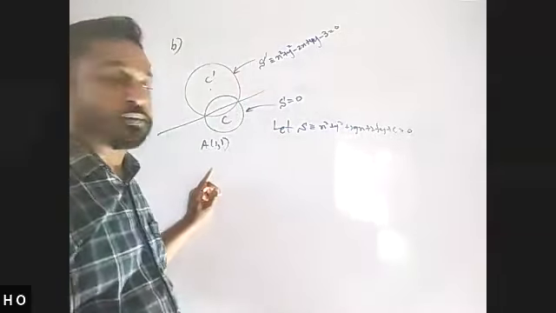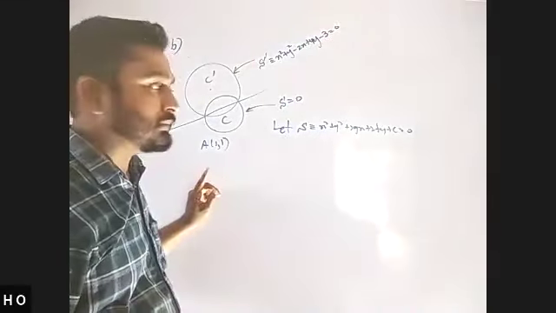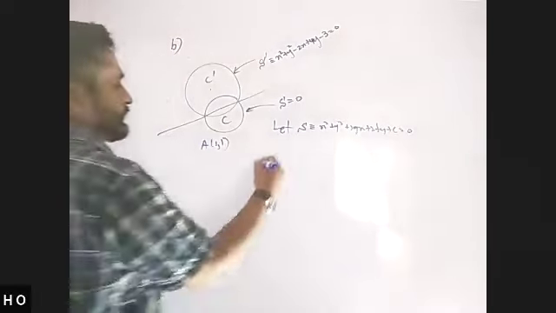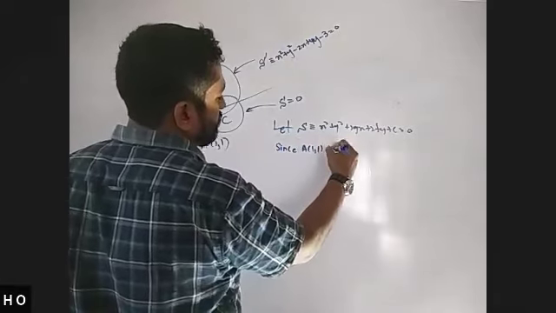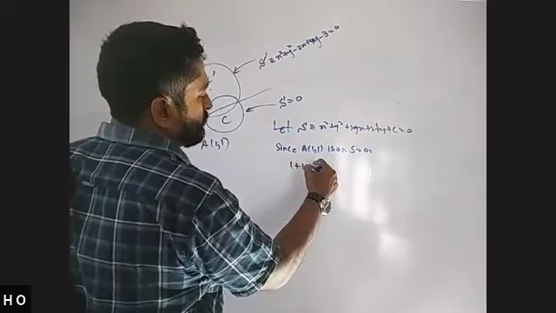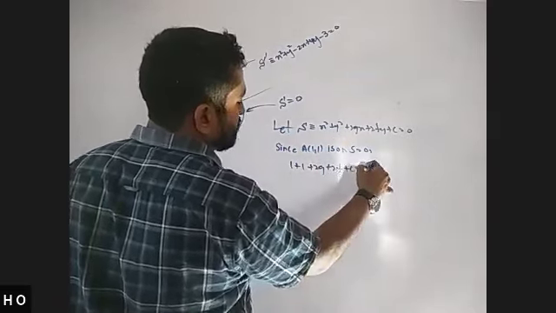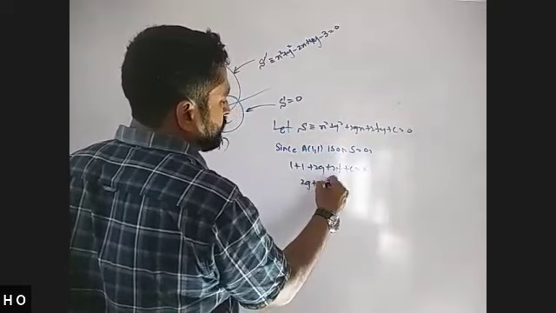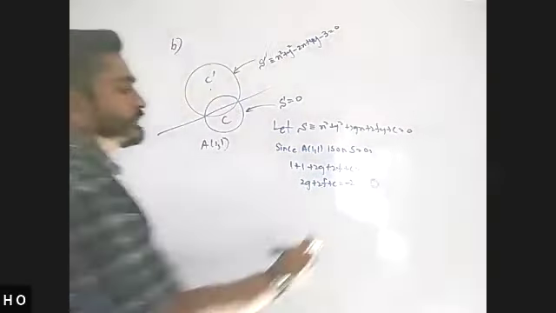As they have given, since (1, 1) is on S equals 0, 1 plus 1 plus 2g plus 2f plus c equals 0. So 2g plus 2f plus c is minus 2. Equation number 1.